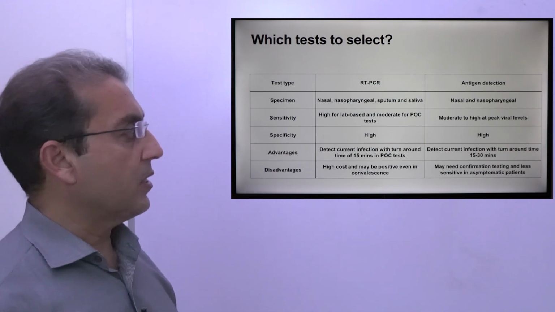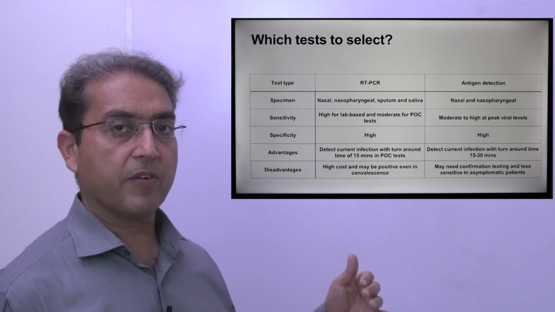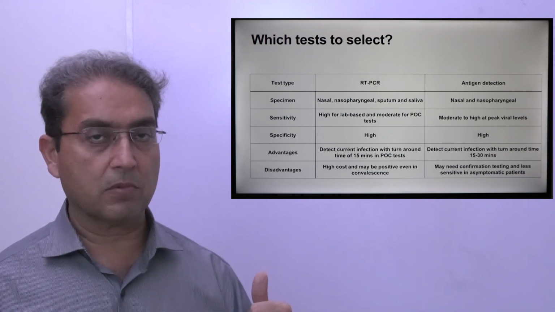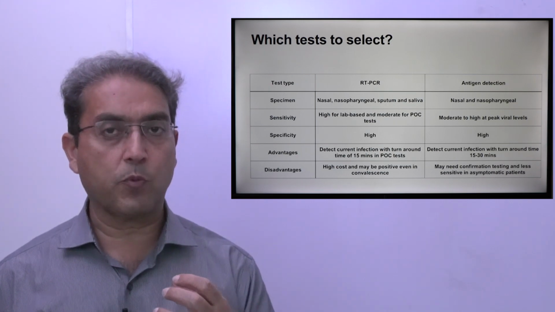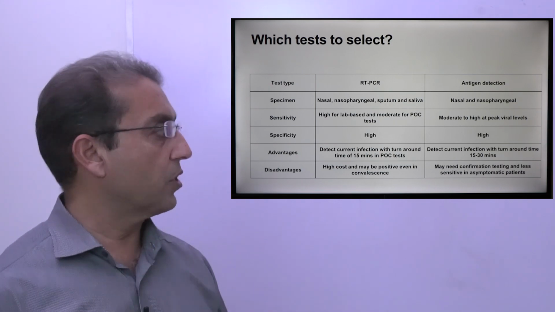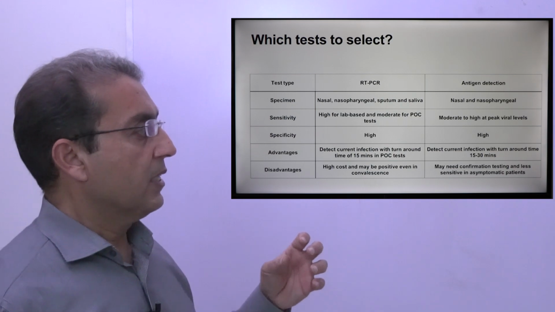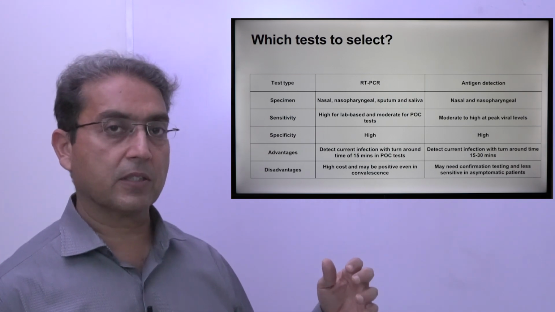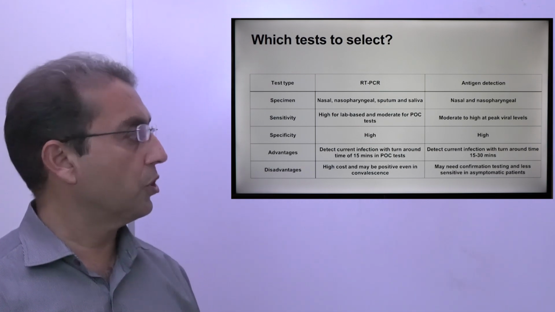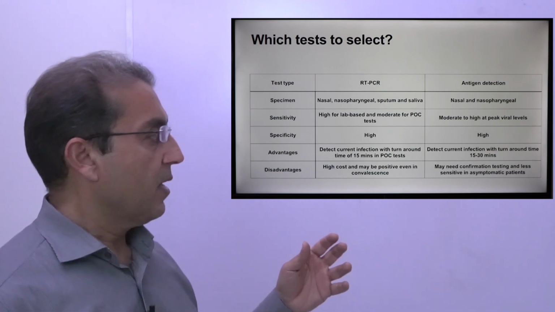The advantage of PCR is that it detects the current infection, but the problem is the turnaround time is 1 to 3 days. But as I mentioned, some of the point of care tests can give you a result within 15 minutes. Similarly, the antigens have an advantage. They can detect the current infection and the turnaround time is usually between 15 to 30 minutes.